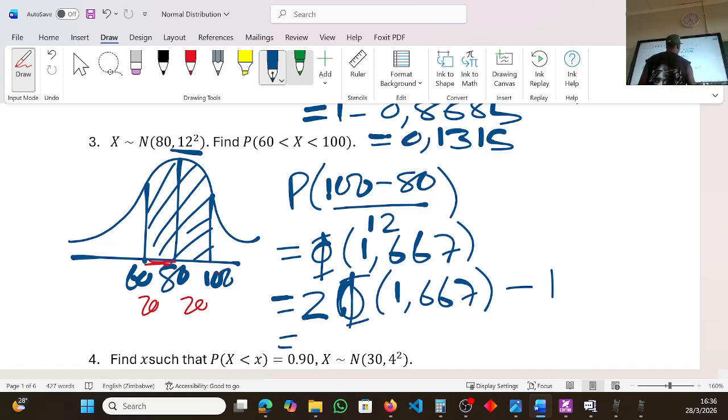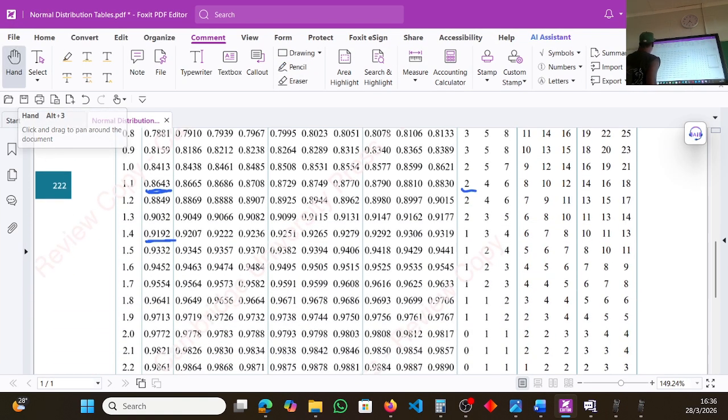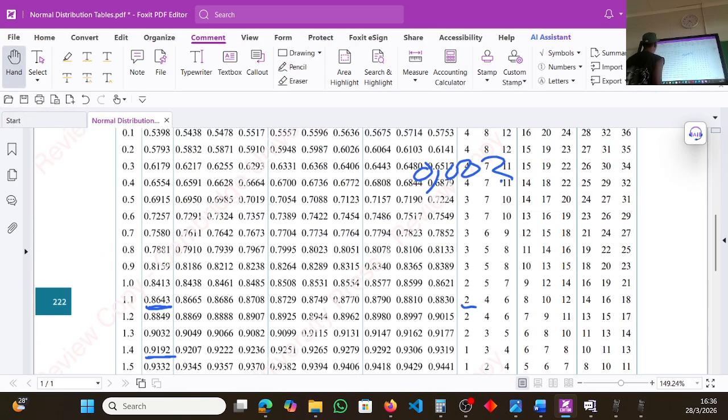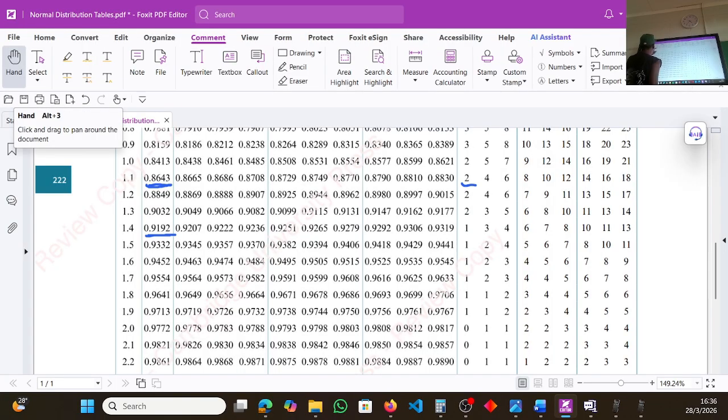Let me bring my tables to check 1.667. So 1.6 is here. So 1.66, because it looks like we start from 0 there. So it's 1.6.